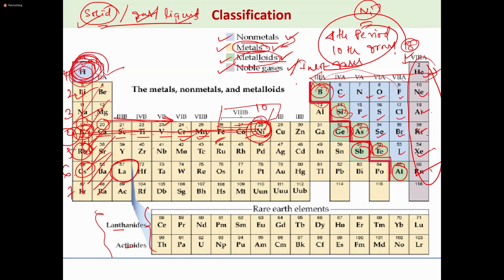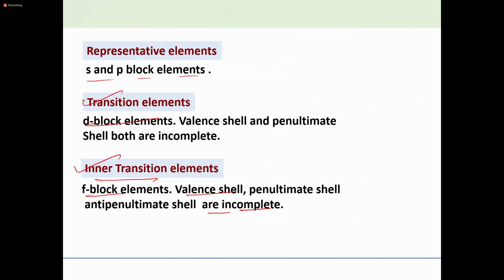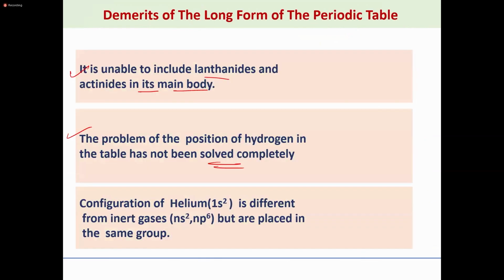The other non-metals are present here. So hydrogen could be present here also, but it is placed at the top of group 1. That's why the position of the hydrogen element is not right. So it is one type of demerit of the modern periodic table.